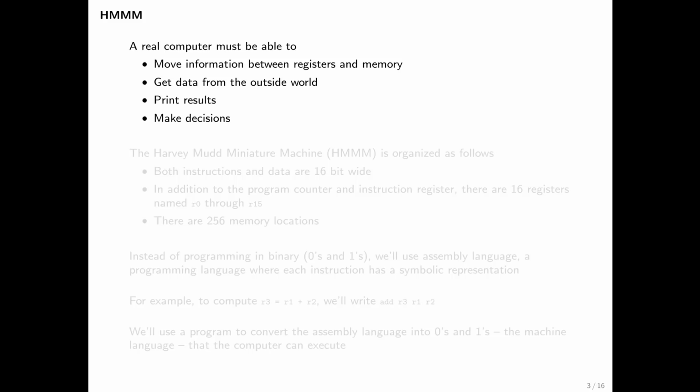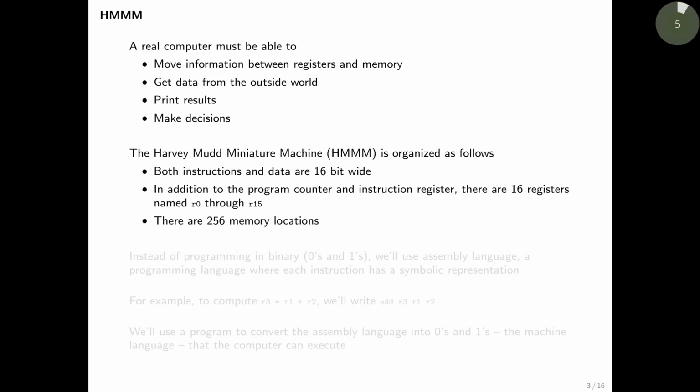All right. Now, this machine called the Harvey Mudd Miniature Machine, or HMMM for short, is organized as follows. Both instructions and data on this computer are going to be represented using 16-bit numbers, unlike the simple computer that we considered in the previous lecture, where things were 8-bit wide.